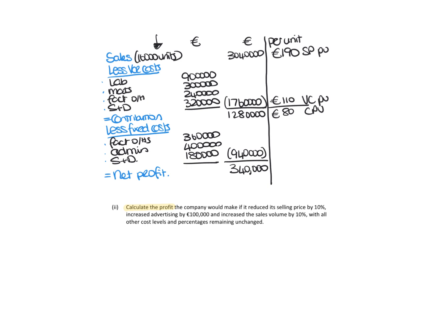Okay, so the first thing that we have to do here, I would write out the formula. Sales less variable costs less fixed costs is equal to profit.